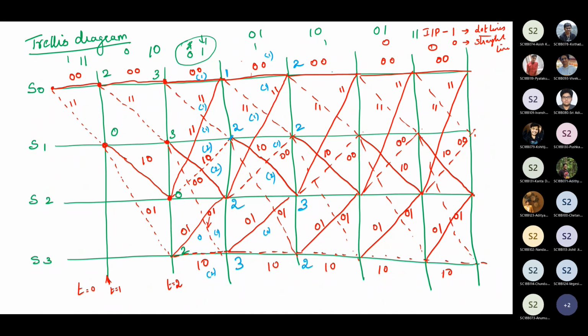Similar way here, if you take 0, 0, this line is 1. So here it is 1. So it is 3. Next one, 1. This point is 3 plus 0. So here it is 3. Next one, 2. Here this line is 0. Here 2. Here it is 0, 1. So it will be 2.